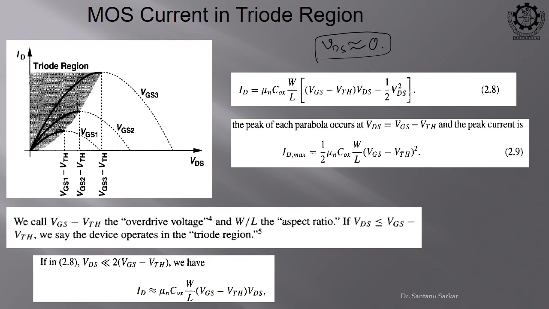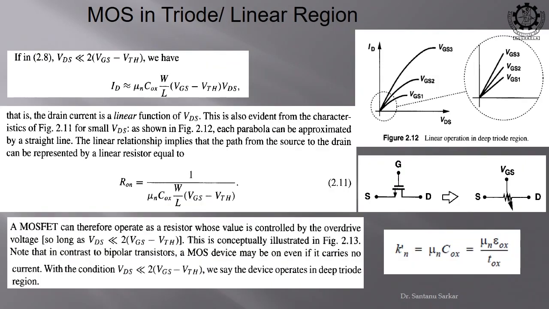So, in this parabola, if you try to find out the peak, that is, you put VDS equal to VGS minus VTH, you will get this maximum current, that is known as the saturation current. And this is our linear deep triode region that we are talking about. In this case, it just behaves like a linear resistance. Okay.